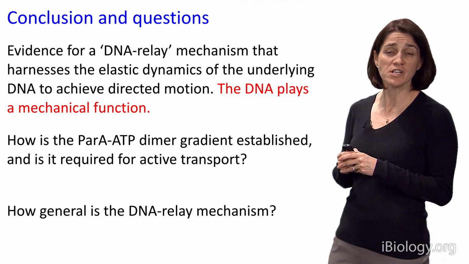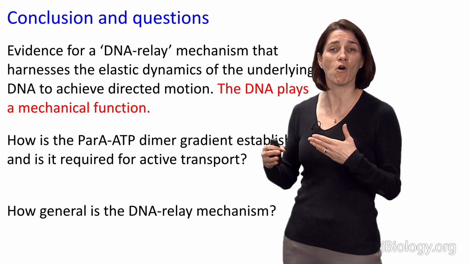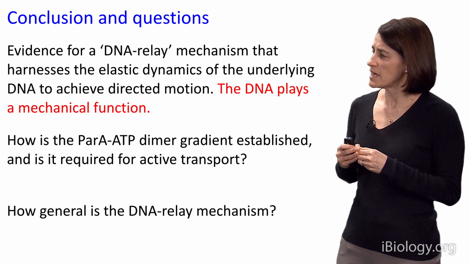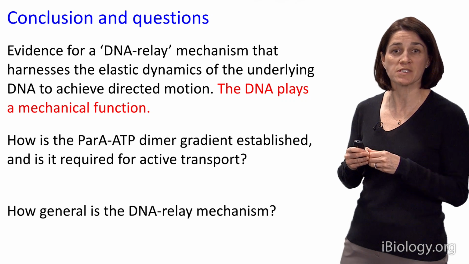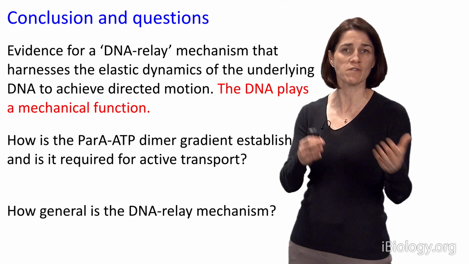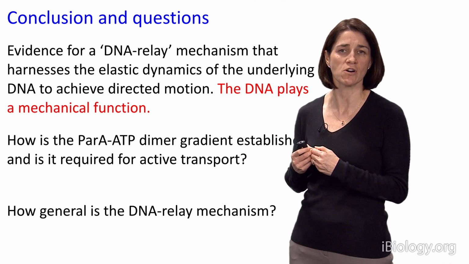We think that it might be general, that it might be important for chromosome segregation, but it also might be important for other processes that exploit a ParABS system. The reason why we think this is because the elastic dynamics of the DNA that we observe in Caulobacter crescentus are also true in other bacterial cells, such as in E. coli.